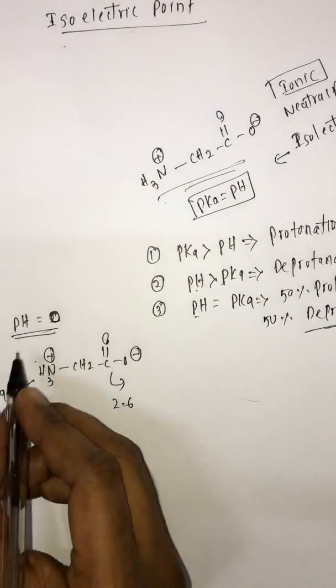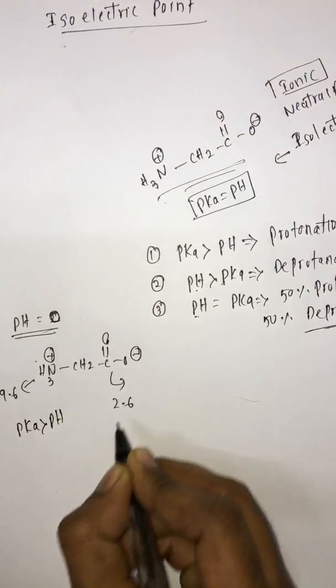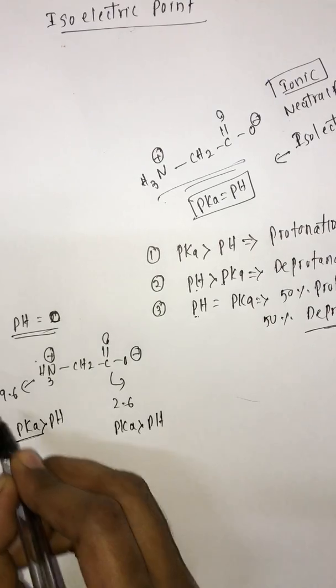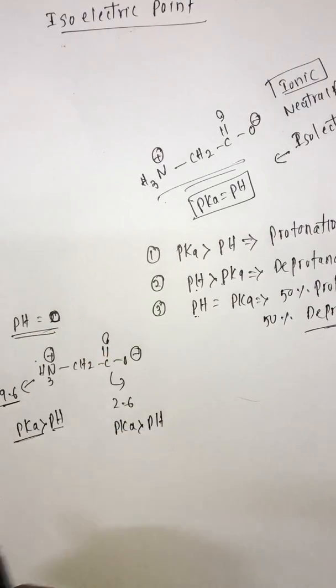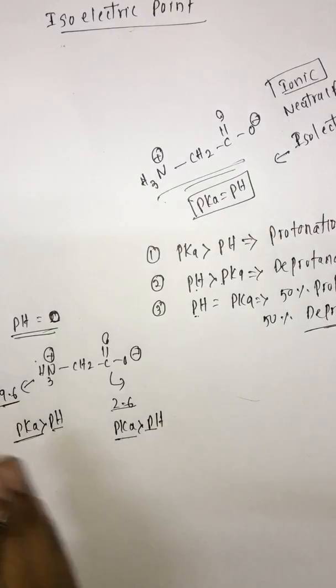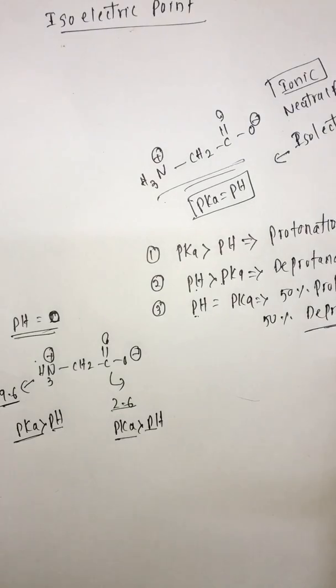In both cases pKa is greater than pH, because here pKa equals 9.6 and pH equals 0, and here pKa is 2.6 and pH equals 0. So in both cases pKa is greater than pH, and protonation will take place.